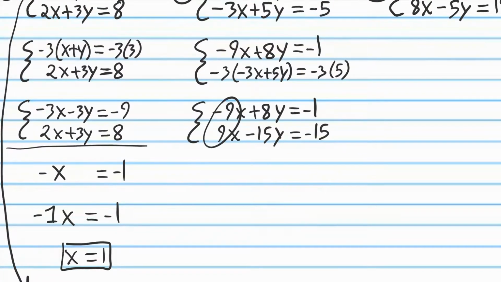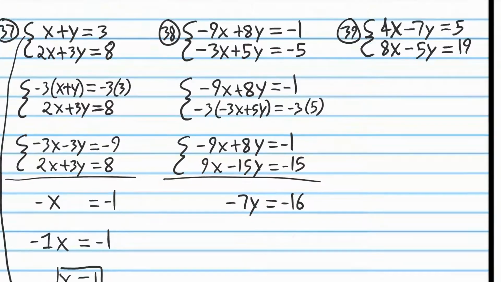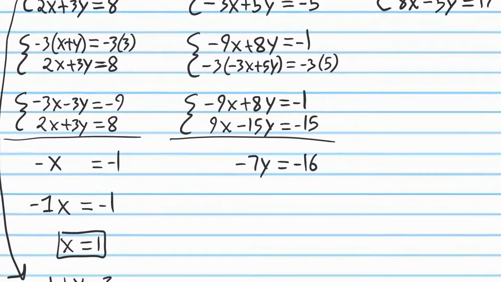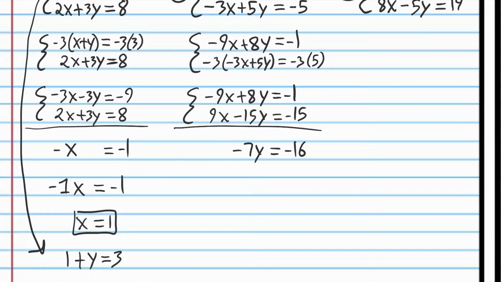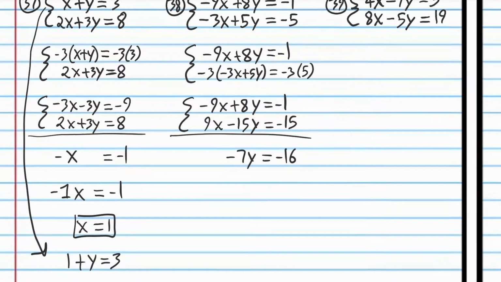So I'm successful because I have a negative 9 and a positive 9. Add those up. And let's see here.